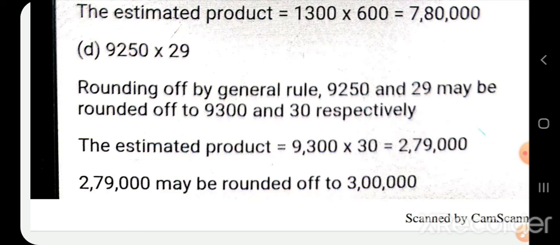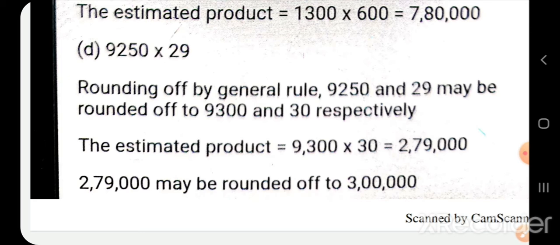And the rounded off value of 29 is 30. So rounding off by general rule, 9,250 and 29 may be rounded off to 9,300 and 30 respectively.